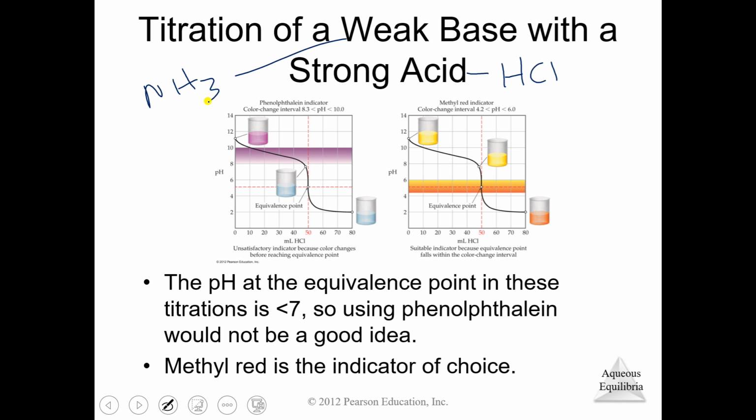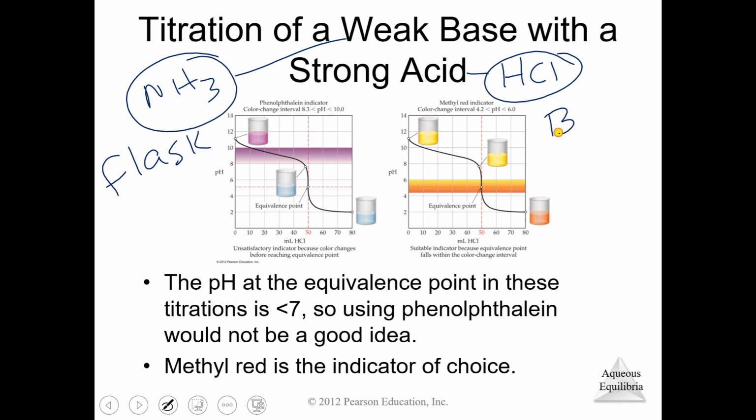The weak base would be in the flask, and the hydrochloric acid would be in the burette, and that would be our titrant.